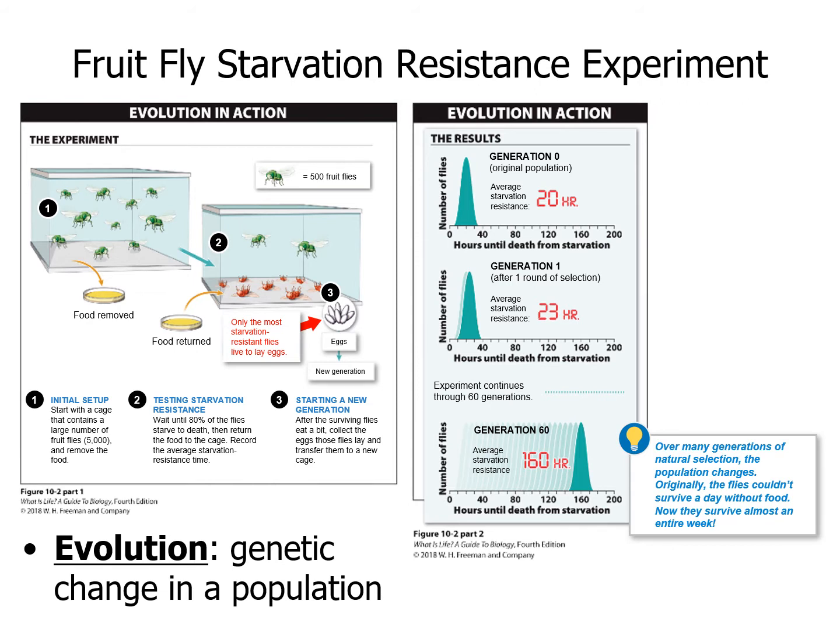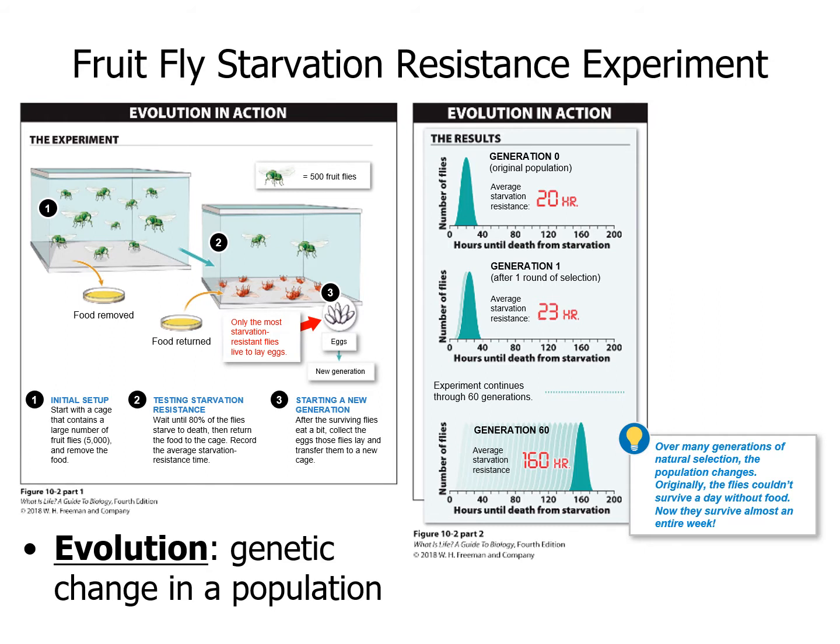In that case, if you turn your attention to evolution in action and look at the results, for our first generation, or generation 0, the original population, they live about 20 hours. But if we start breeding the flies that live just past 20 hours, then generation 1, just one round after selection, those offspring will live 3 hours longer than their predecessors.